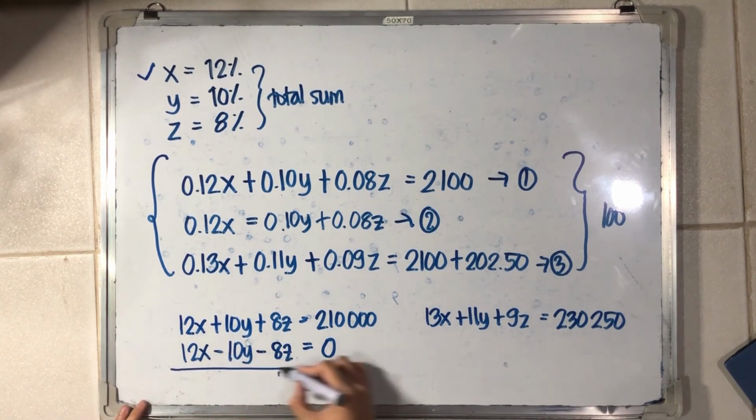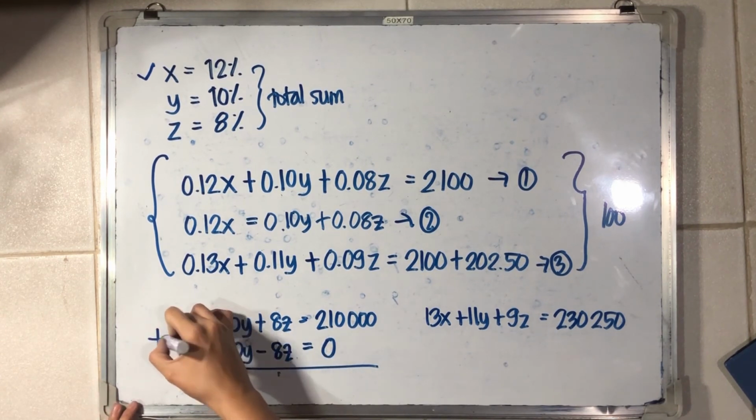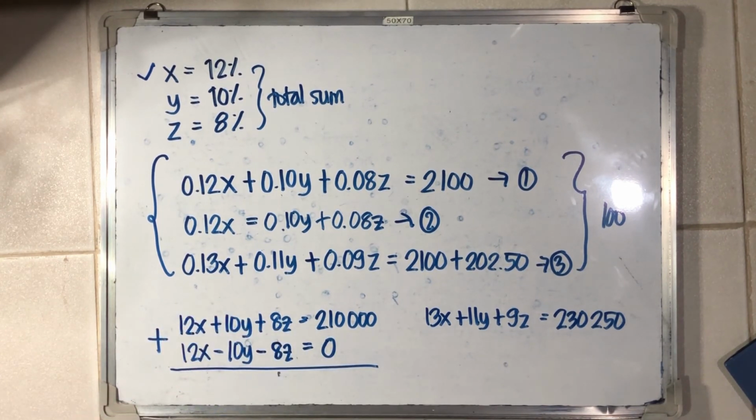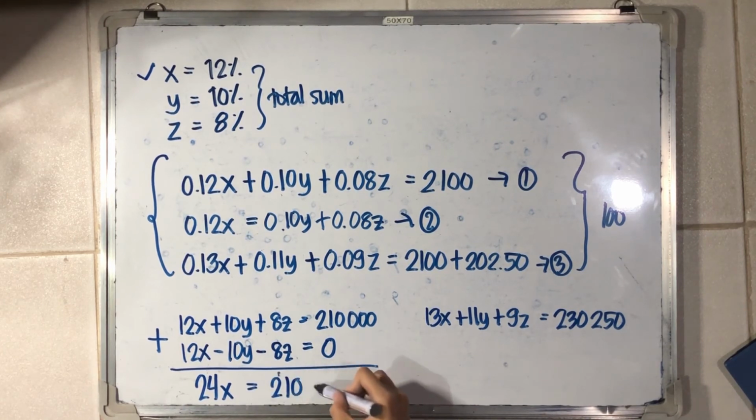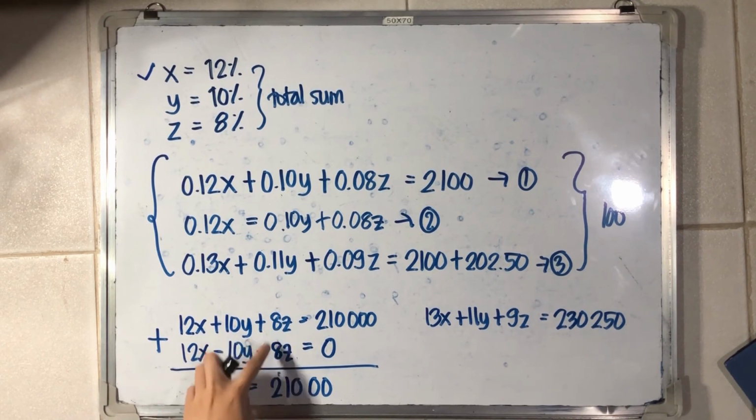So, first is itong dalawang equation natin. We add it, that's your elimination method. Pag in-add mo kasi sila, this would be 24x and this would be 210,000, kasi pag in-add mo yan, mag-zero na to. Ito naman, mag-zero na din. Okay? Ayan.